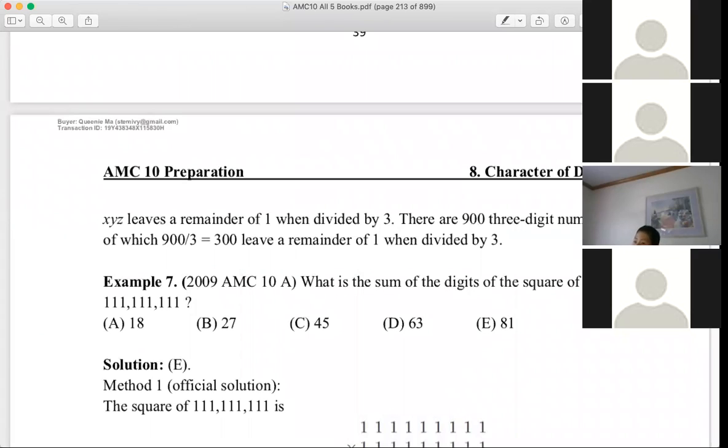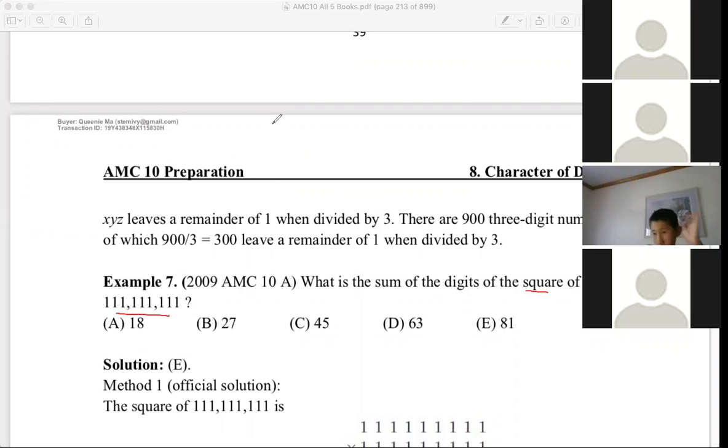This problem is, what is the sum of the digits of the square of 111,111,111? They ask you this. What is the sum of the digits of the square of this number?